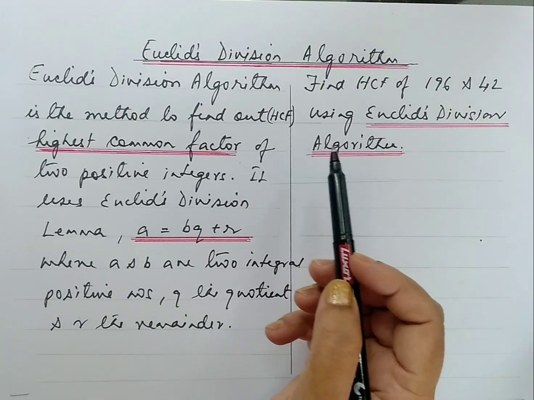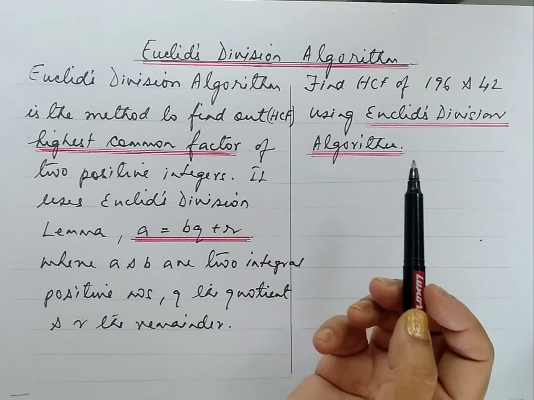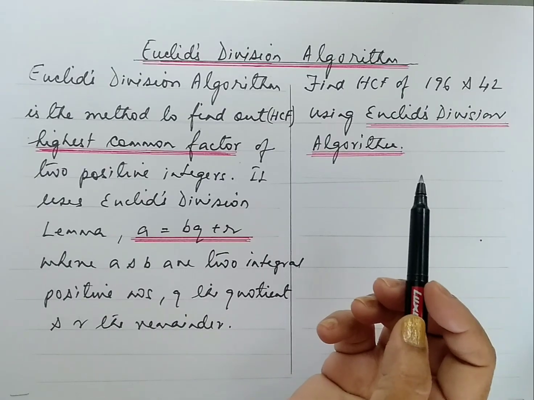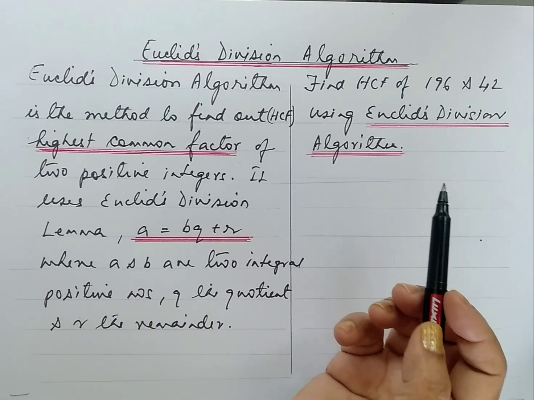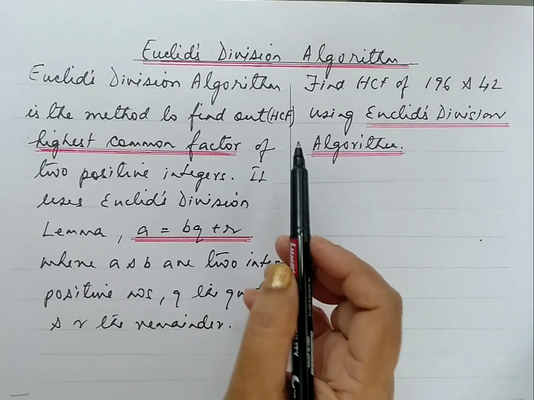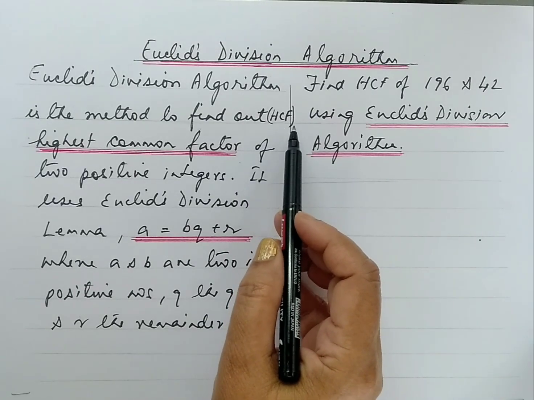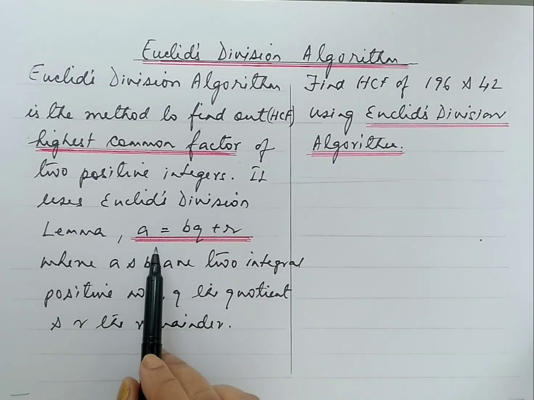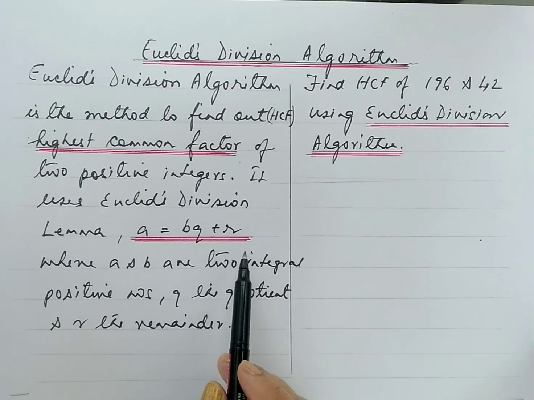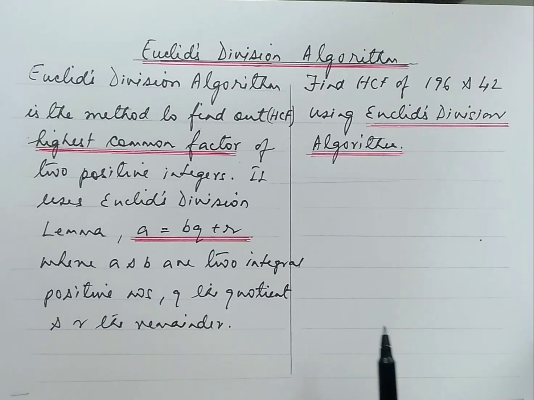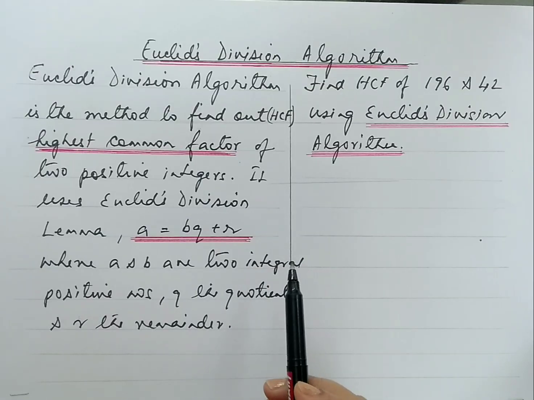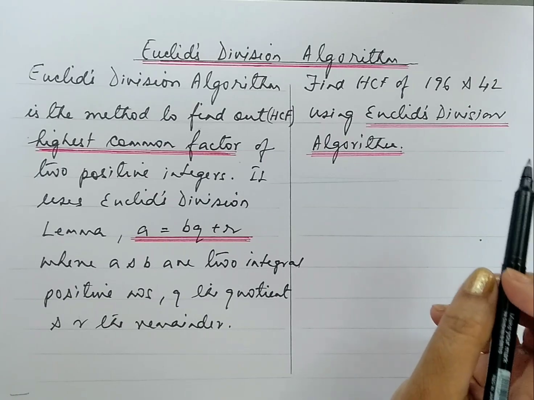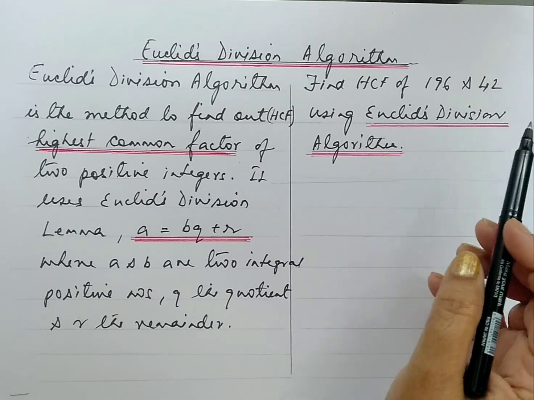If there are two numbers, say 2 and 4, what is the common factor between 2 and 4? 2, isn't it? So whenever we find the HCF using Euclid's division lemma, which is a proven statement as I told you in my last video, we are able to find the HCF of any two positive integers.